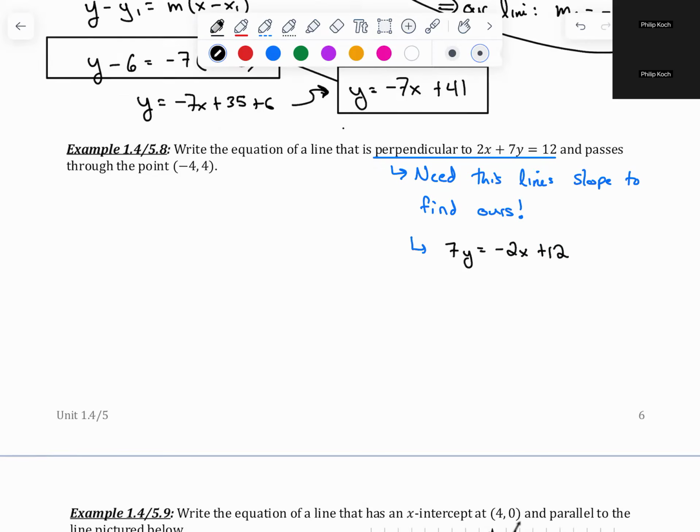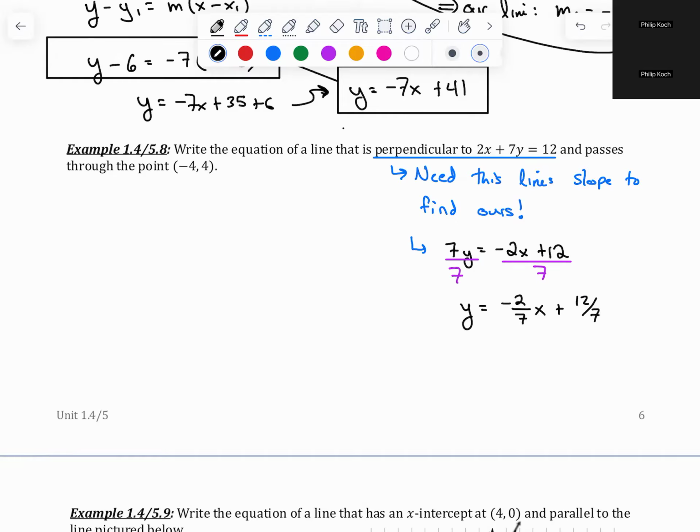I wanted to get y by itself, so I subtract 2x, but I don't want 7y equals, I want y equals in order to be in slope intercept form. So I'll divide both sides by 7, which gives me y equals -2/7 x plus 12/7.